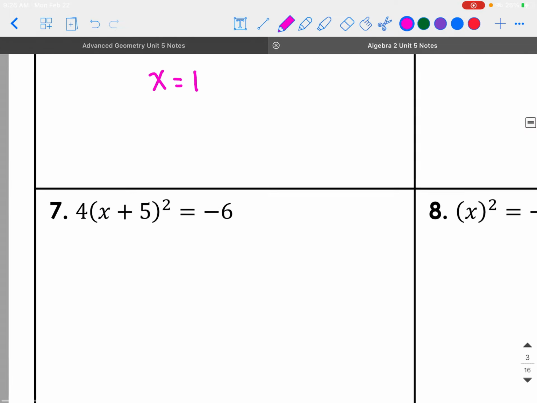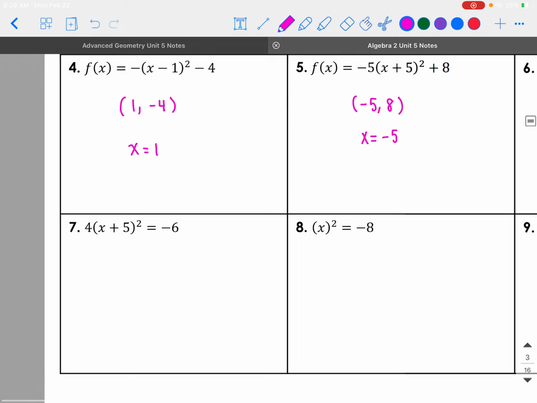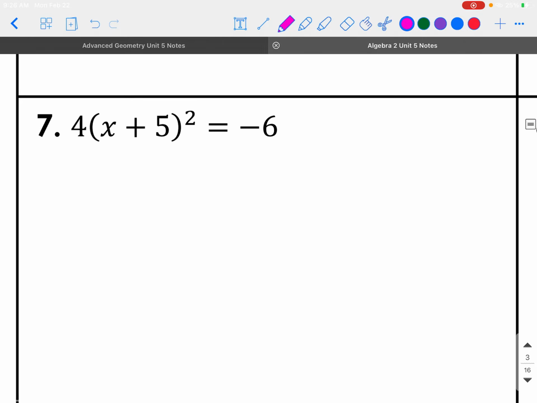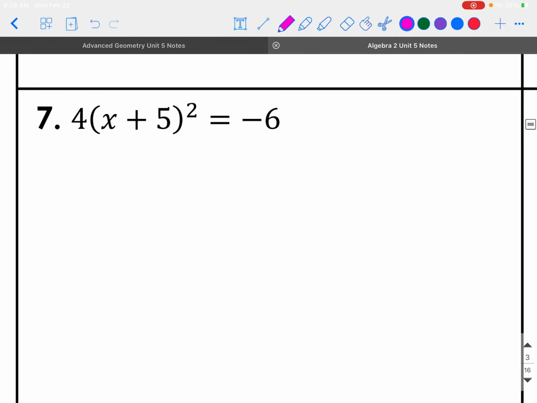When we get to number 7, notice this minus 6 is on the other side of the equal sign. We want to bring it over. So in order to bring it over, I need to add 6 to both sides.